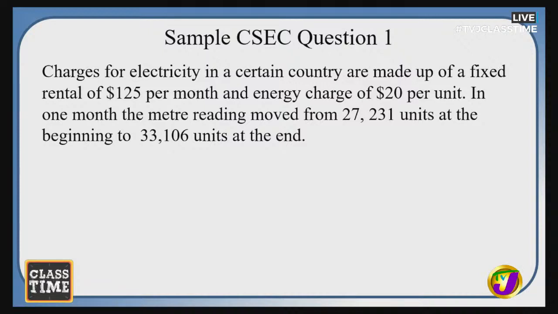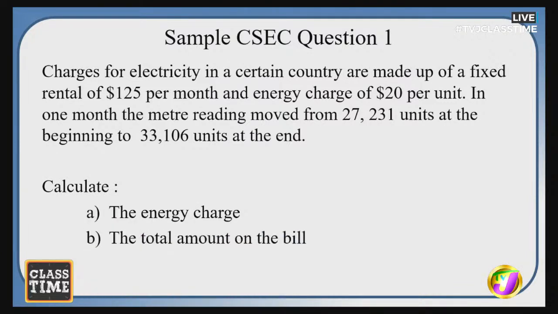In 1 month, the meter reading moved from 27,231 units at the beginning to 33,109 units at the end. That's a jump. We are now asked to calculate the energy charge and calculate the total amount on the bill.